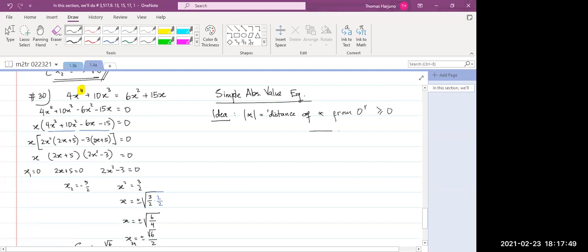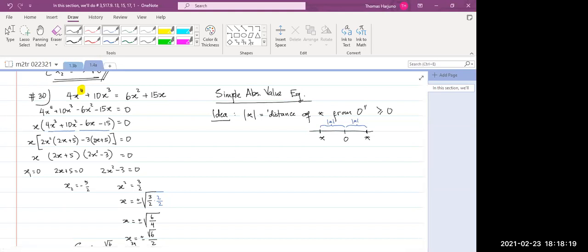So when we say absolute of blah is the distance of blah from 0, the blah may be positive, the blah may be negative, but the distance is always positive. The distance from 0 will always be positive.